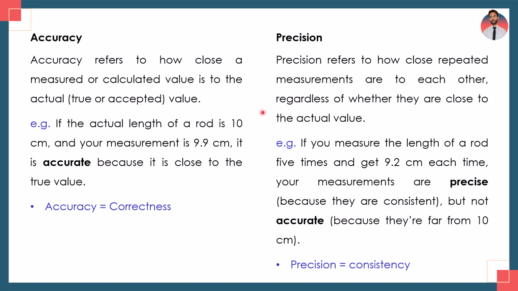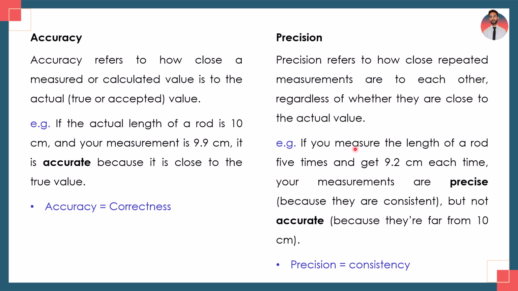On the right hand side, I will explain the term precision. Precision refers to how close repeated measurements are to each other, regardless of whether they are close to the actual value. यानी आपके पास जो भी repeated measurements होंगी वो आपस में close होंगी एक दूसरे के, but they are far from the actual value.